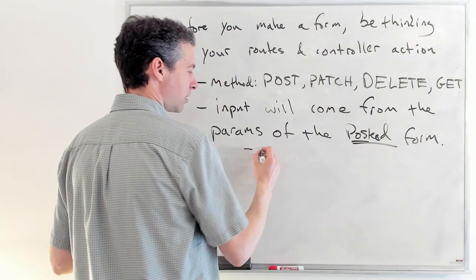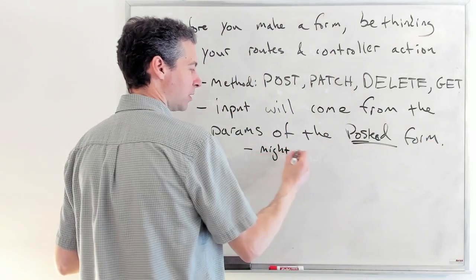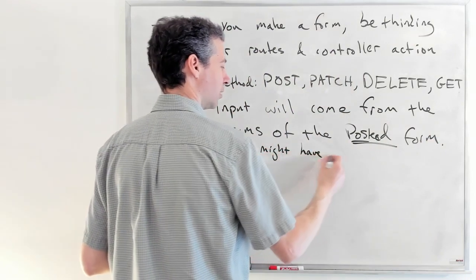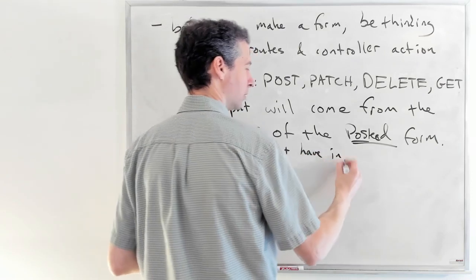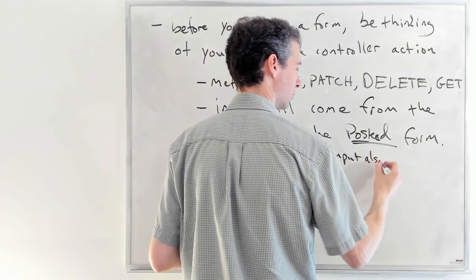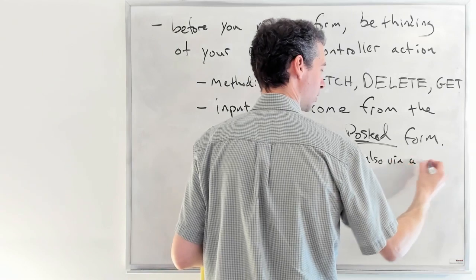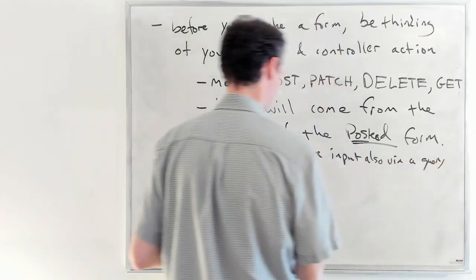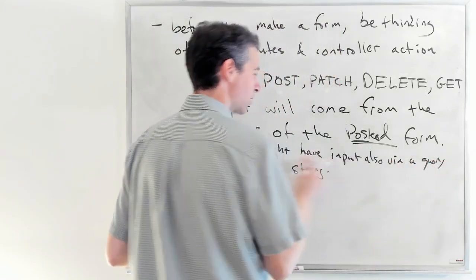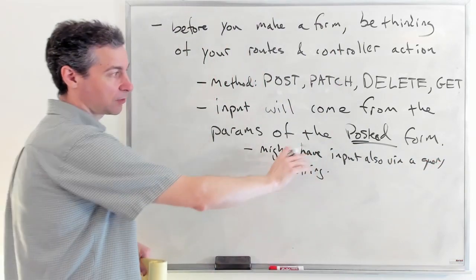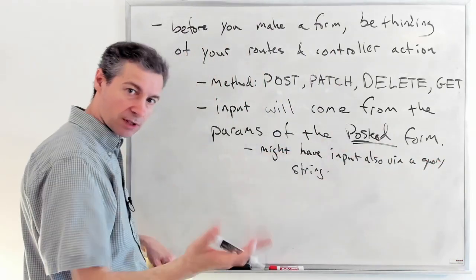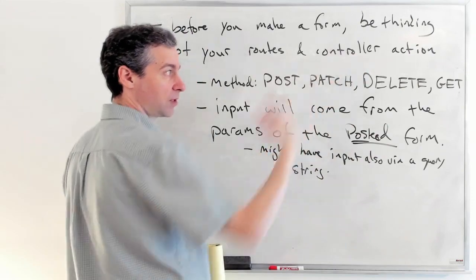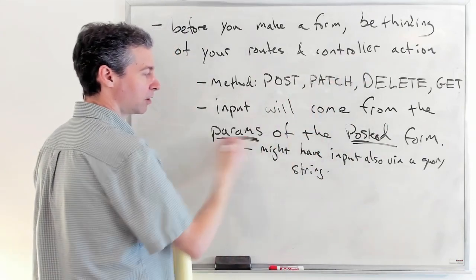One thing to note is that you might have input also via a query string. So the form is going to send inputs in, you might have other inputs, and they all come in on the params.